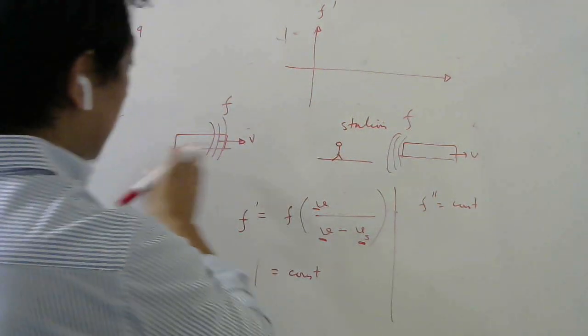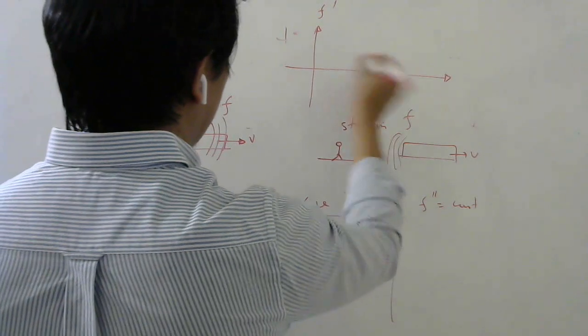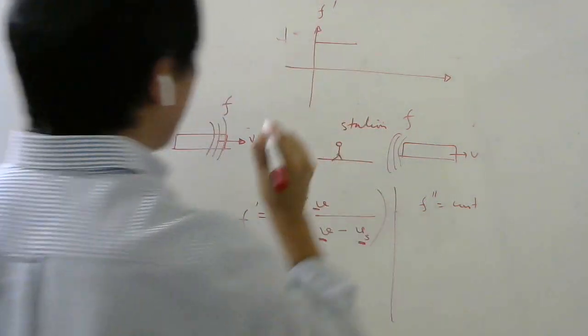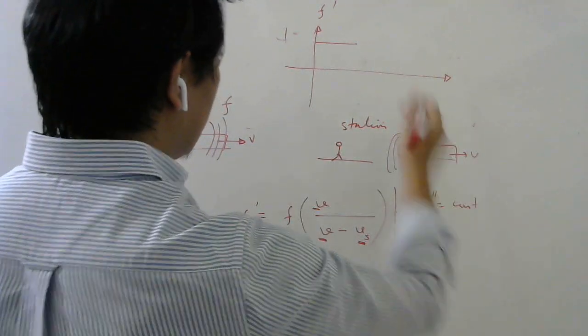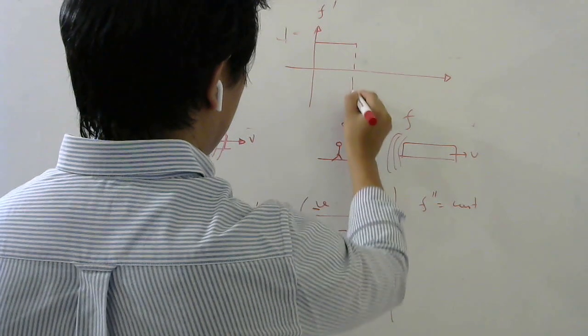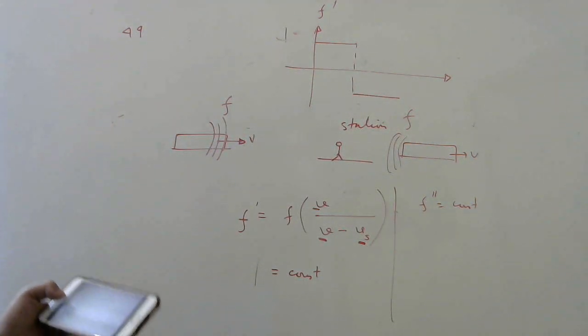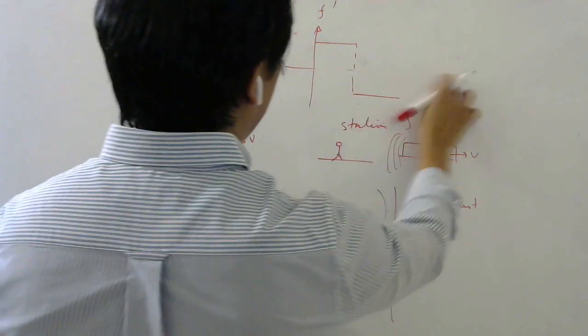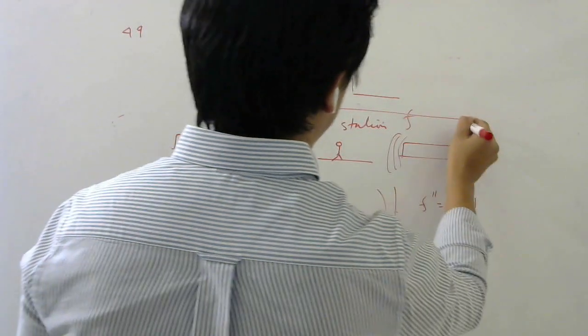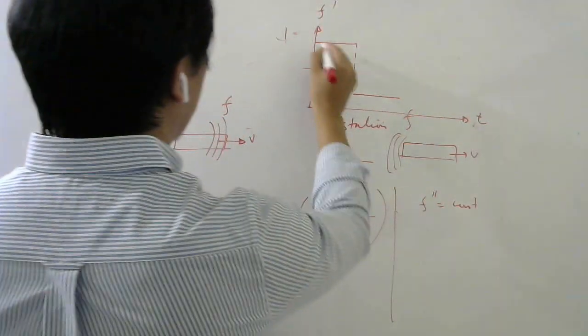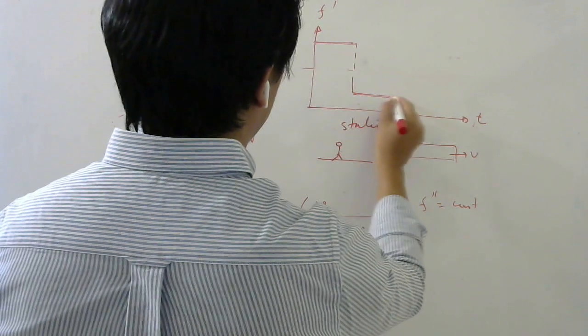Then while coming, frequency will be constant but more, while receding it will be also constant but less than this. Frequency cannot be negative, so both should be positive.